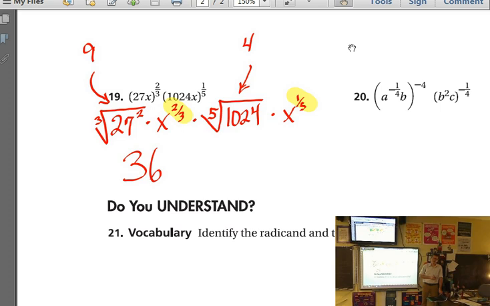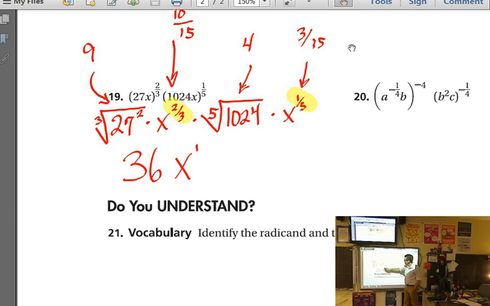Ethan, what's my common denominator? 15. So this 2/3 is going to become 10/15. This 1/5 is going to become 3/15. And when I add them, I get x to the 13/15.